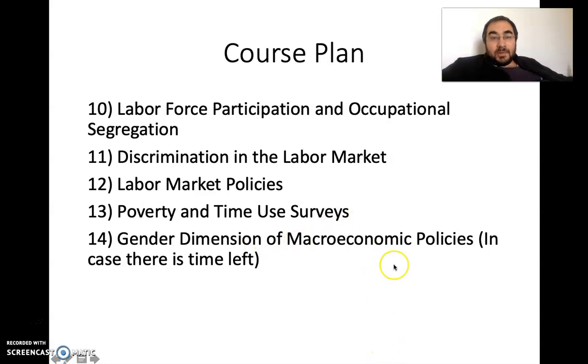All of this will be covered in the 14th week, and we will also see some specific examples of countries trying to use this gender dimension of macroeconomics, trying to find ways to measure it and design macroeconomic policies taking that dimension into account. So that's the course plan.